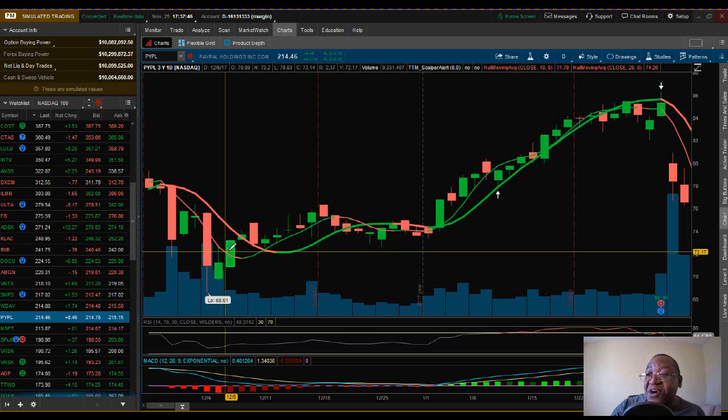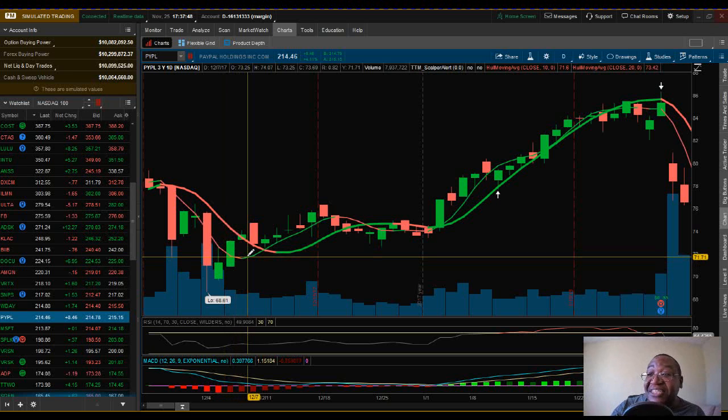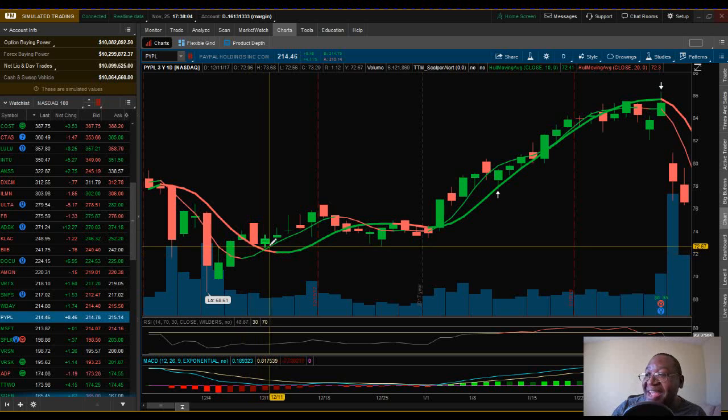Letting you know, okay, the stock is about to change directions. Same thing, right? Both of them are telling you when the stock is bullish, when the stock is bearish. However, the 10 is letting you know it's about to go bullish right here.